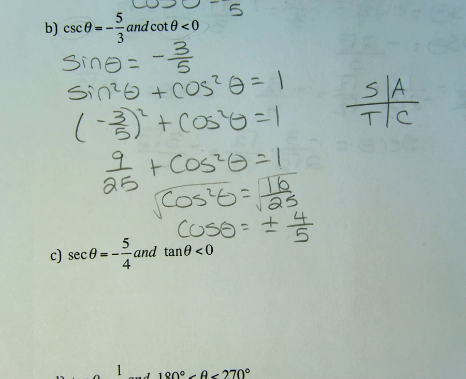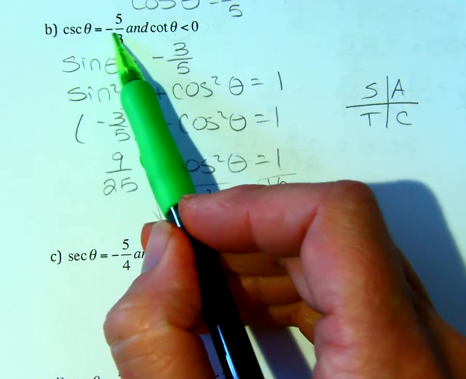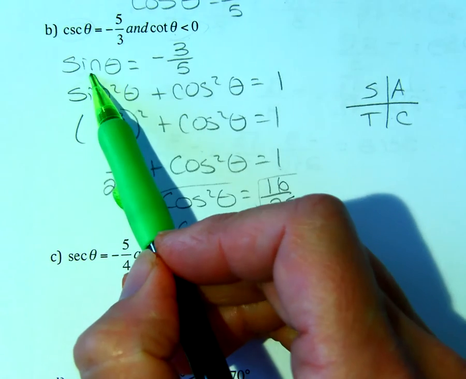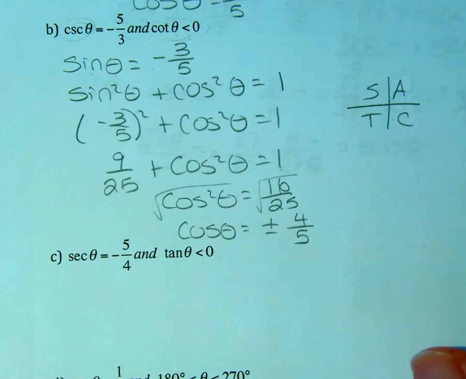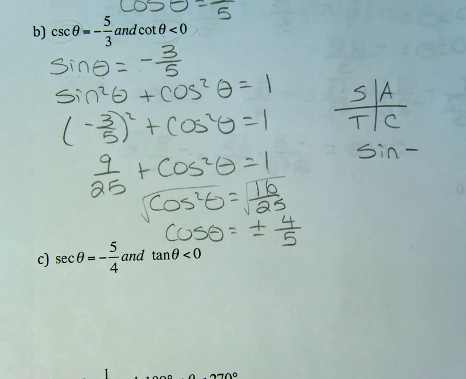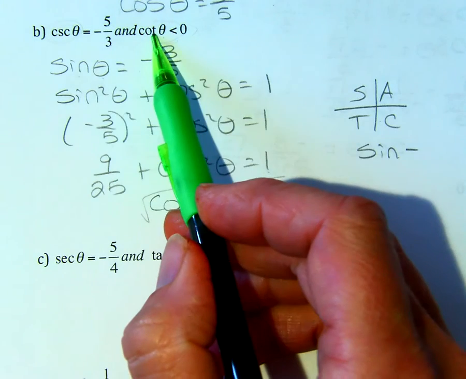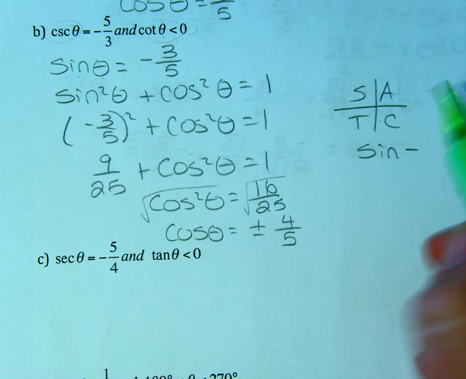Well, today is your lucky day because we're going to use it now. So the two pieces of information we're given is that cosecant is negative 5/3, which makes sine negative 3/5. So I can say that sine is negative. I'm also told that cotangent is less than 0, which makes it negative. Well, if cotangent is negative, so is tangent.